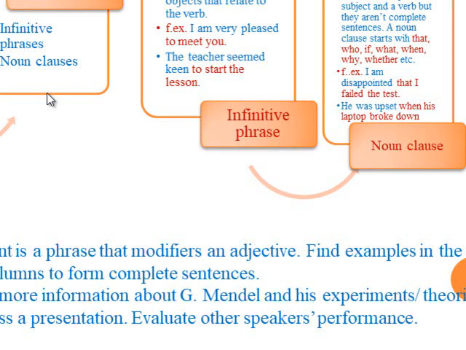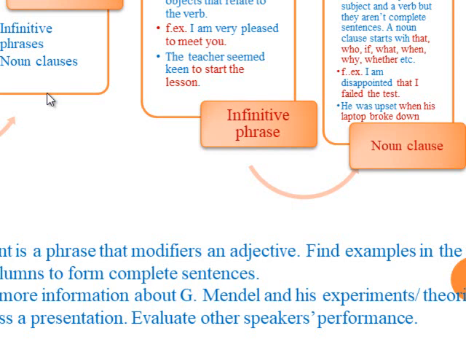That I failed the test is a noun clause. He was upset when his laptop broke down. When his laptop broke down is a noun clause.